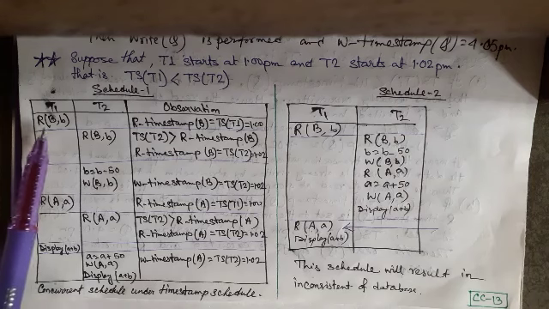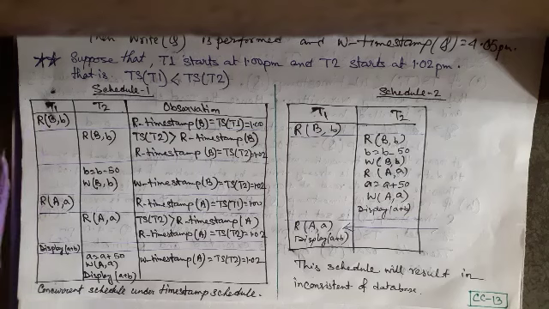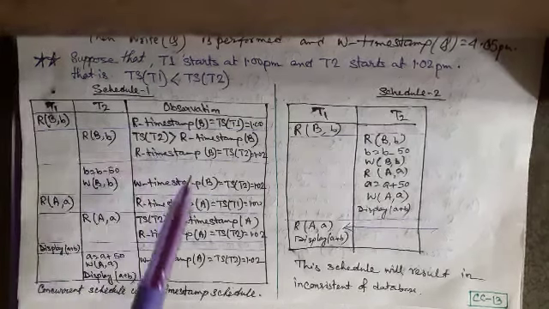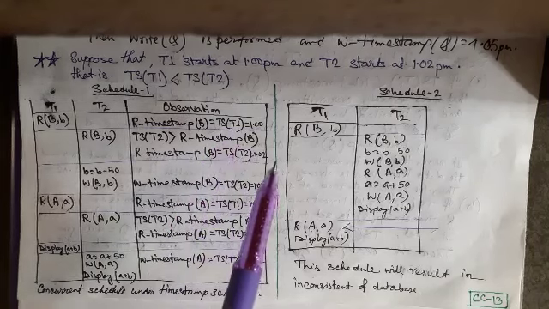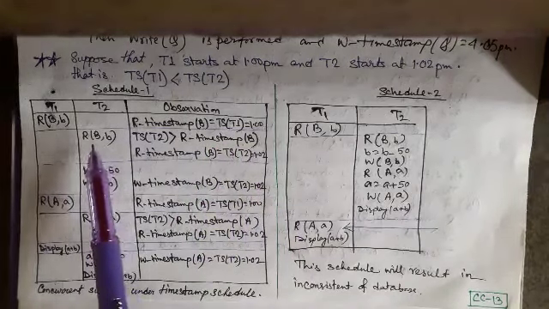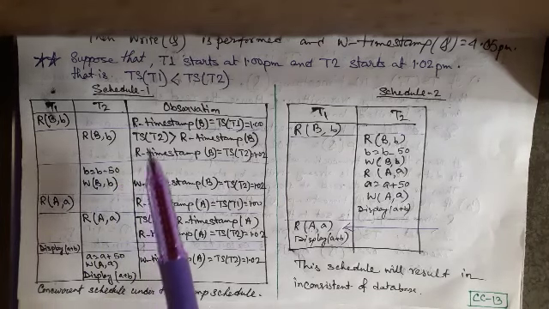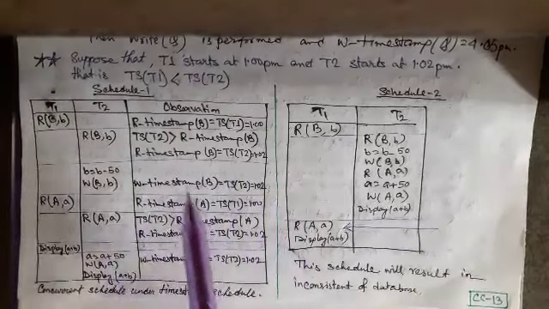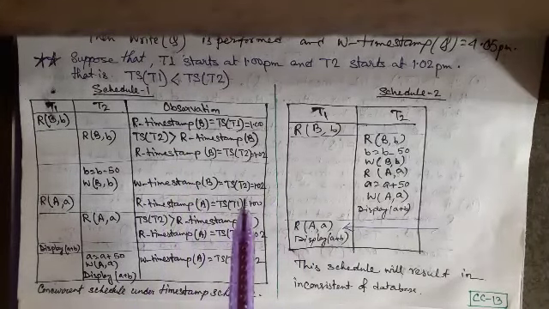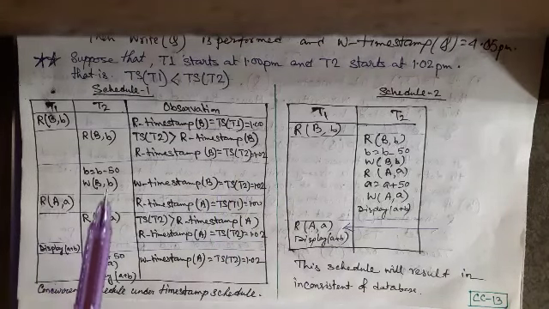For the read operation of B by T1, there is no conflict, so the read timestamp of B will be the timestamp of T1, that is 1. Again for the read operation of data item B by T2, the timestamp of T2 is greater than the read timestamp of B, so the read timestamp of B will be the new value, the timestamp of T2, that is 1.02.